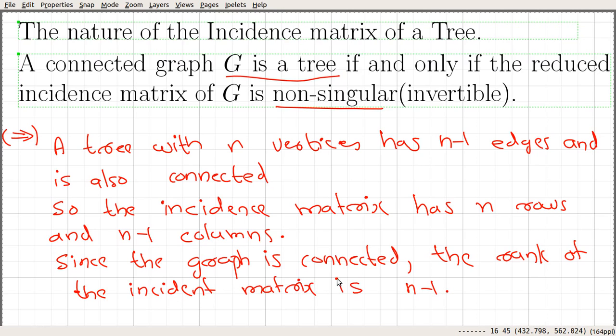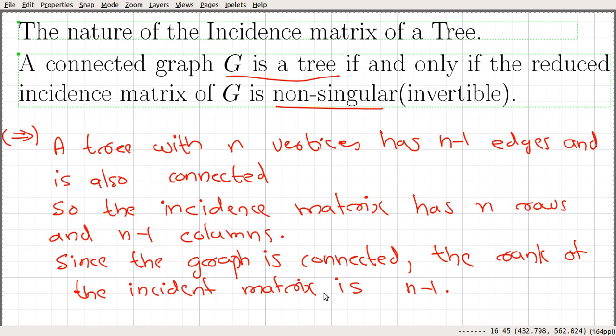If you look at the reduced incident matrix, the order of the reduced incident matrix will be n minus 1 by n minus 1. So the reduced incident matrix will be a square matrix, and the rank of that matrix is n minus 1.